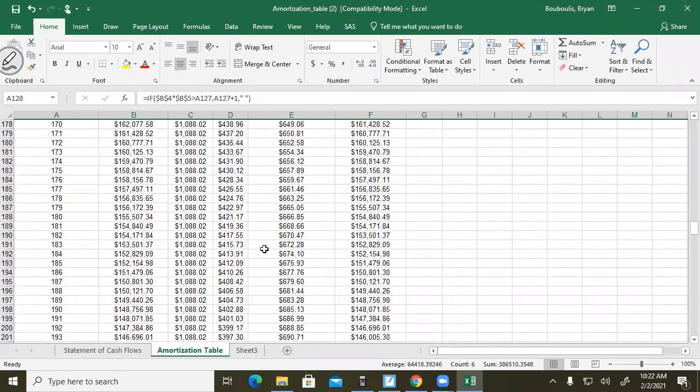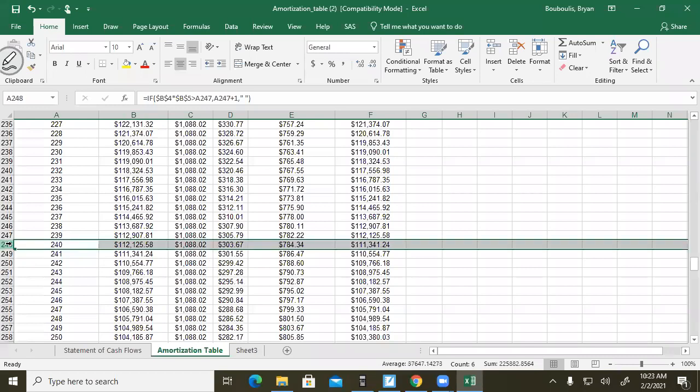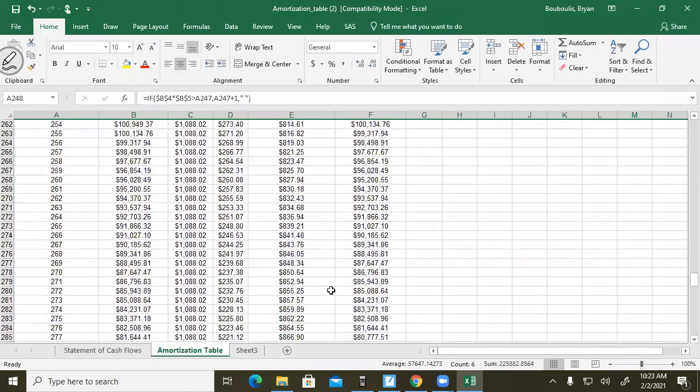Let's look at 20 years. After 20 years of paying on the house, notice we finally broke over halfway. We still owe 112. Kind of crazy, right? So when we look at that, what does that tell us about when we have an amortized loan, whether it's car, student loan, home loan?